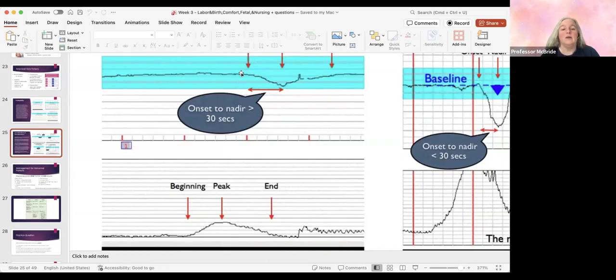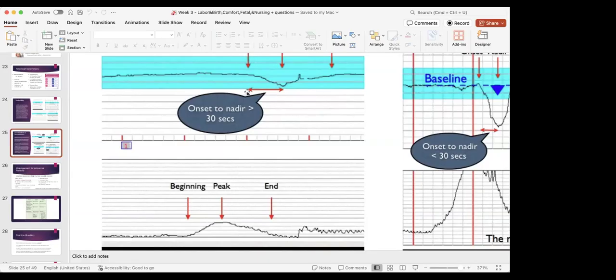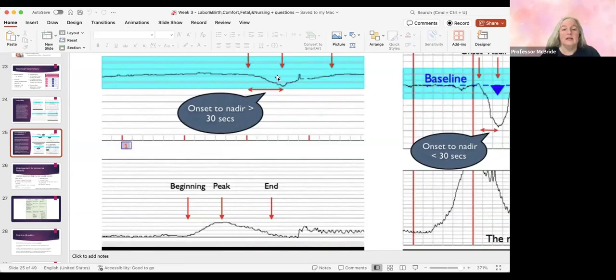And now we're going to see this start decreasing here, but where it starts decreasing, if we follow it down, look at how far into the contraction we already are. And so it starts after the contraction starts. It doesn't come back to the baseline until well after the contraction ends. Anybody know what causes late decelerations?